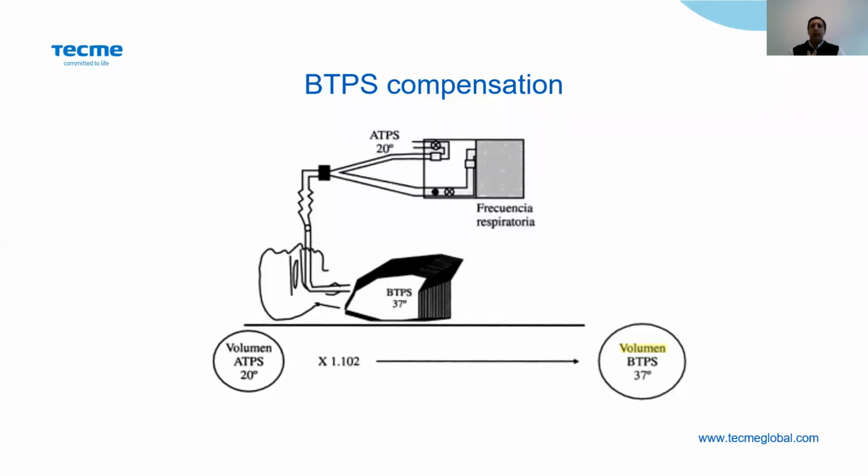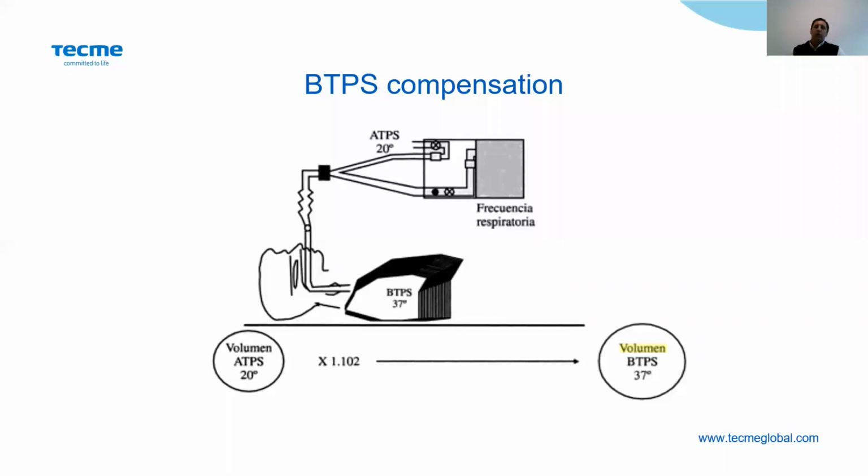If I don't do this type of compensation, the machine is going to deliver through the patient outlet 400 milliliters. These 400 milliliters are going to go through the humidifier, so it's going to warm up, the temperature is going to be increased, so the volume is going to increase. So in this situation, if we are not doing any compensation, the patient is going to get from the machine a bigger volume than the one that I have set.